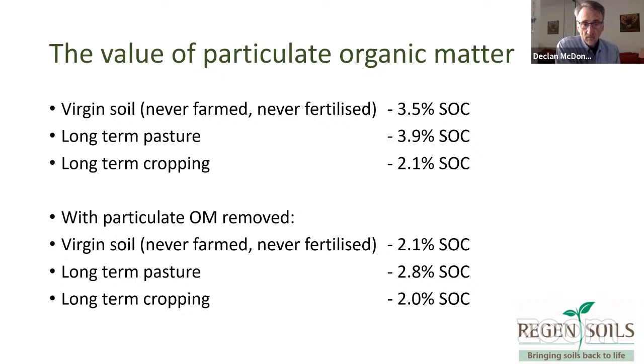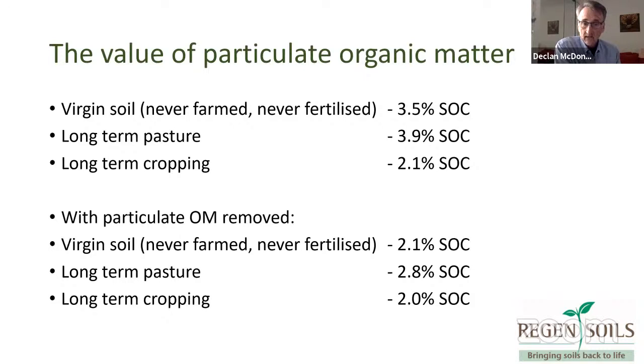And the virgin soil with the particulate organic matter removed is at 2.1% soil organic carbon. So this is showing us that a really significant proportion of that 3.5% organic carbon in the virgin soil was comprised of particulate carbon. That's the material that's cycling fastest, that's driving biological activity, and that's driving nutrient cycling for plant uptake.